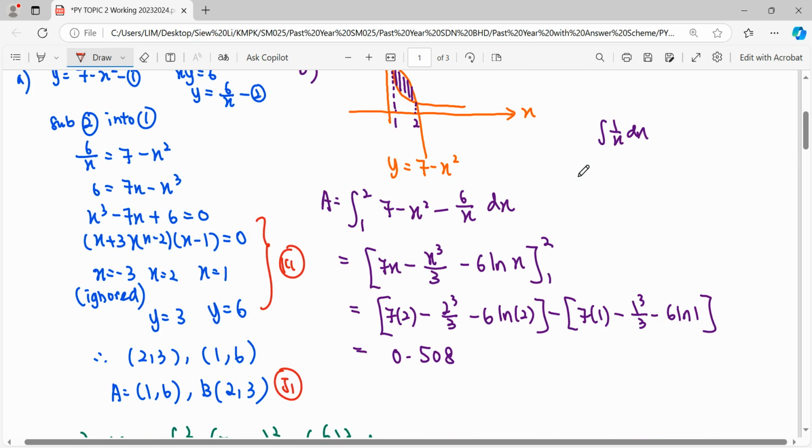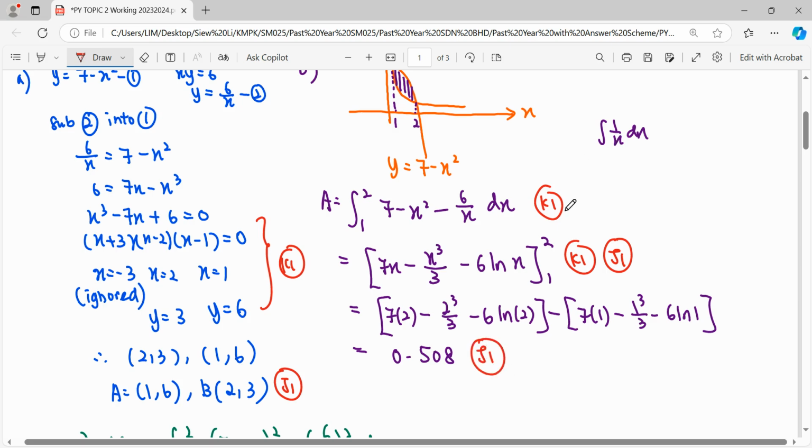Firstly, your formula must be correct. And then this one is for integration. Integrate each term, and all of it must be integrated correctly. Then we can find this answer.